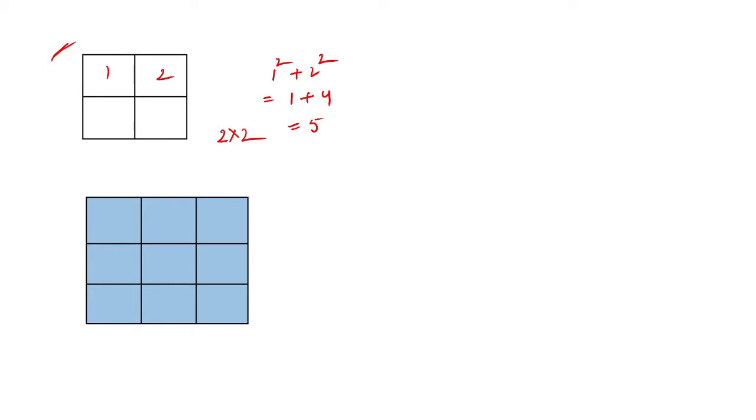Total number of squares present in this particular diagram is 5. 1, 2, 3, 4 and this big square. Total number of squares are 5.